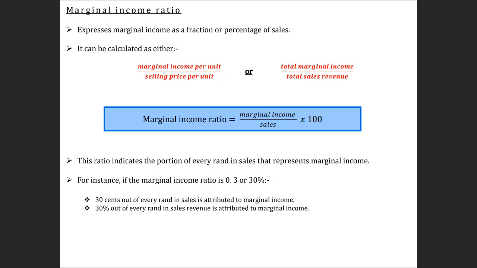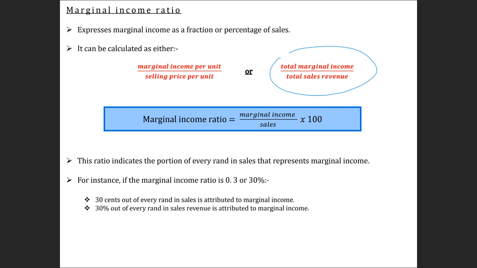So here, your marginal income is calculated as again, depending on whether we have totals or per unit figures given to us. If it's a total, it'll be the total marginal income over the total sales. If it is per unit, then it'll be the marginal income per unit over the selling price per unit. And overall, it is multiplied by 100.